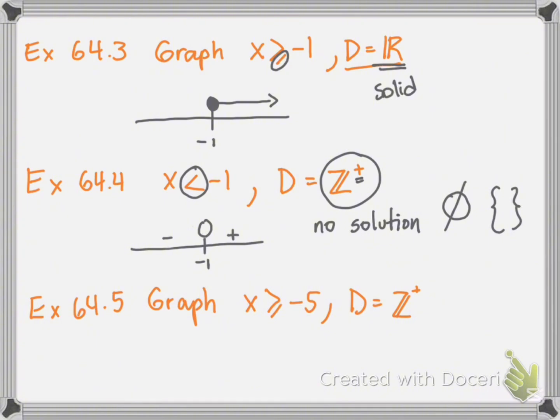In the next example, they're telling us to graph the numbers that are greater or equal to negative 5. And we are also looking at only the positive numbers. So let's draw them here.